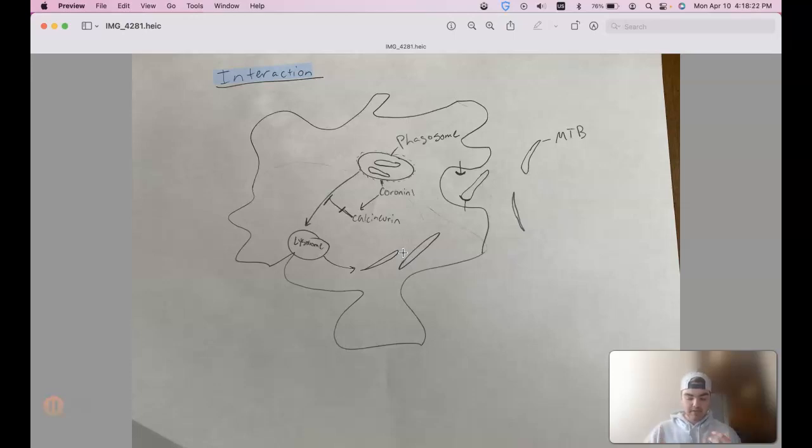And because of this, the tuberculosis can alter the host's metabolism, making it burst and releasing more of this tuberculosis into the surrounding tissue because it wasn't lysed.